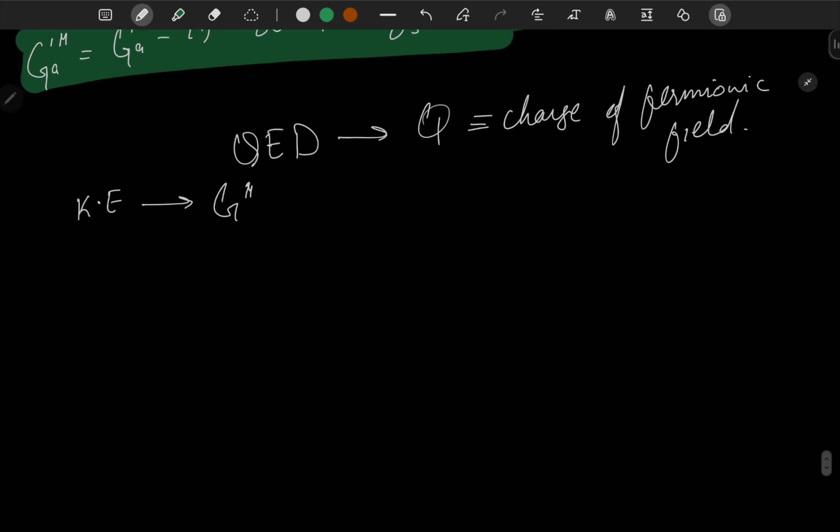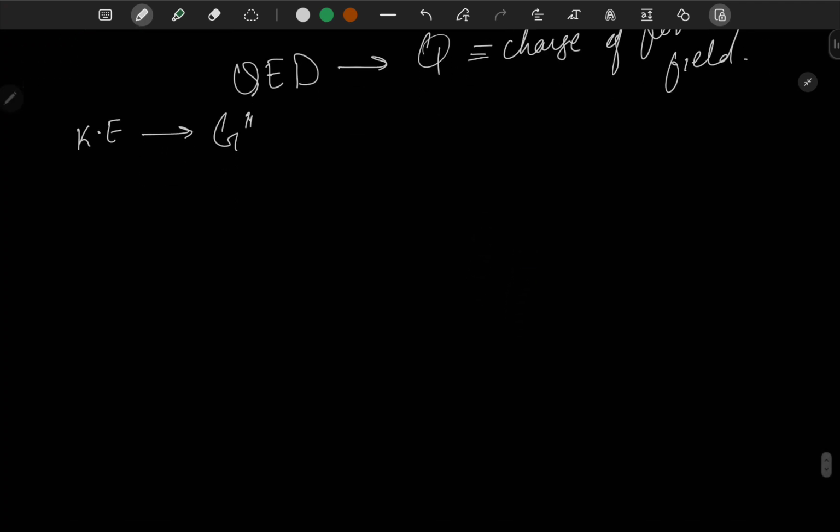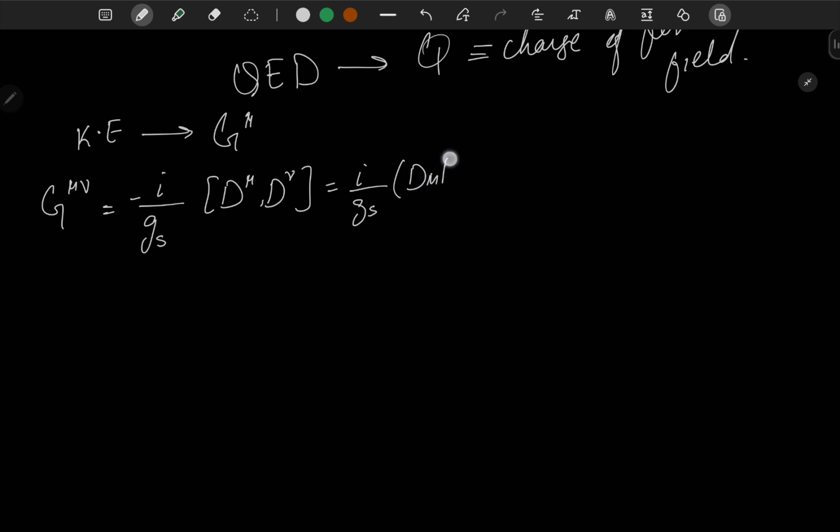And for that we are going to use a commutator of d mu. Let's do the math. So we need commutator of g mu nu of this shape, d mu, and that will be nothing but this.